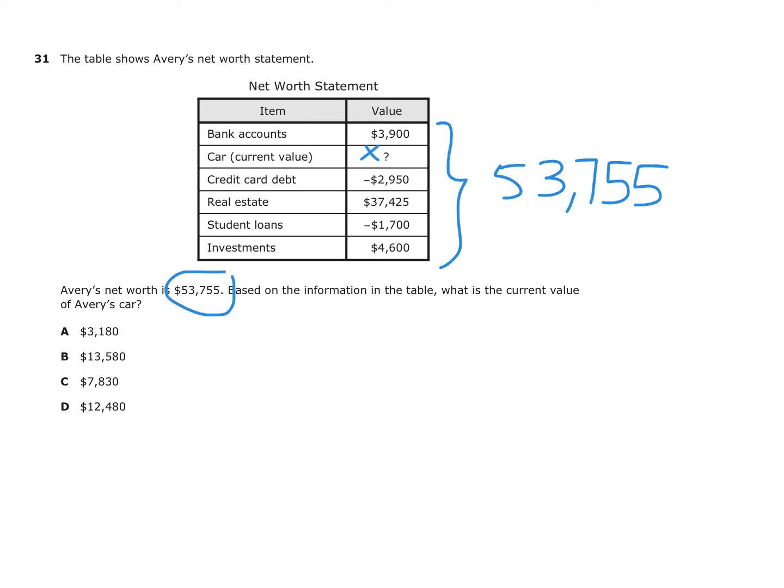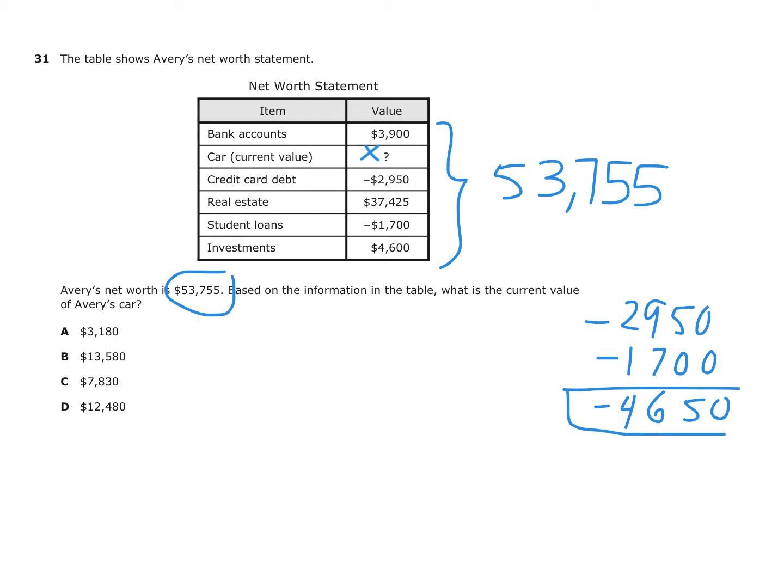What we can do here is add his debt, which is negative 2,950 and negative 1,700, so we can find out how much he owes. So that's 50. 9 plus 7 is 16, carry a 1. 3 and 1 is 4. So the debt is negative 4,650. That's how much he owes.